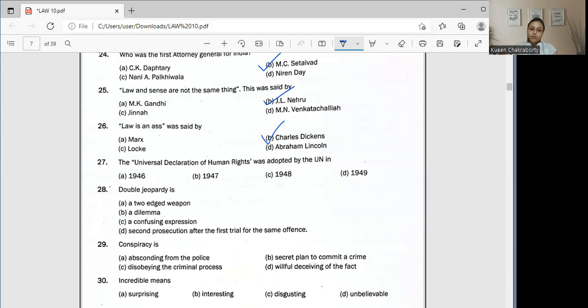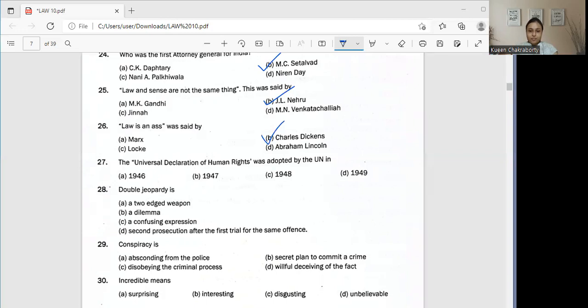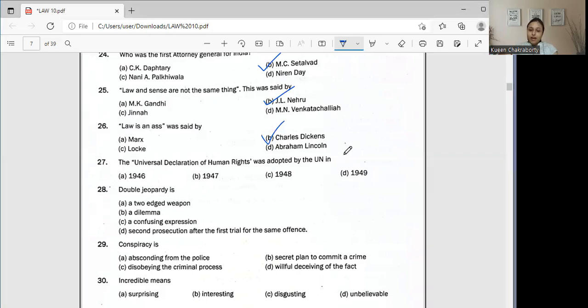Moving to question number 27. The Universal Declaration of Human Rights was adopted by the UN in 1946, 1947, 1948, or 1949. If you have some idea about this, it was adopted by the UN in the year 1948.